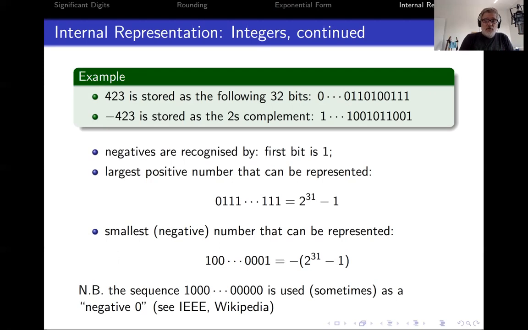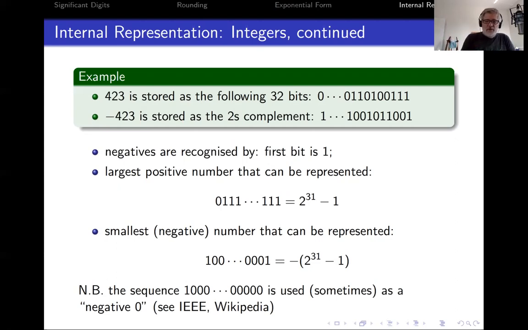Now notice, if you want to see how this goes, just try on 3 bits or 4 bits, and you can play with this. It's easier than with 32 bits. And you'll see that all the sequences of zeros and ones are used except one. There is one sequence which is not used, which is 1 followed by all zeros, which is used for something else if you want to.